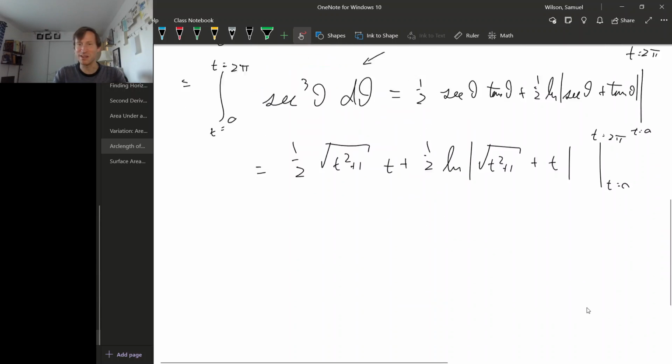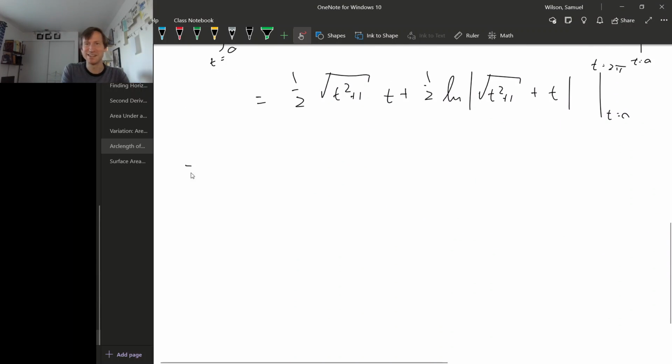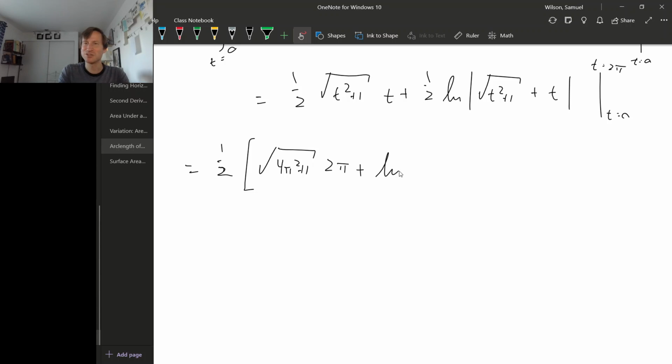So now I can just plug in my bounds, finally. So let's factor out that 1/2. Okay, so when I plug in 2 pi, I get square root of 4 pi squared plus 1 times t, so times 2 pi, plus natural log square root 4 pi squared plus 1 plus 2 pi.